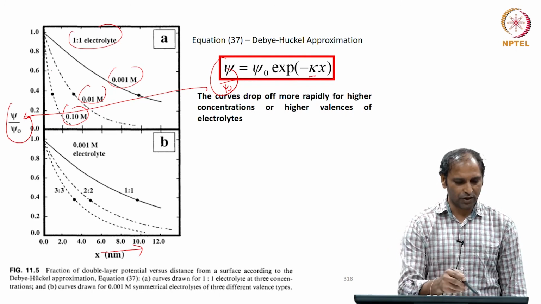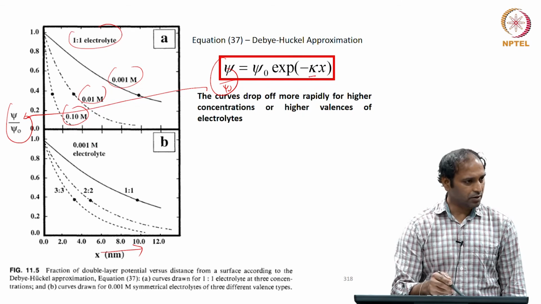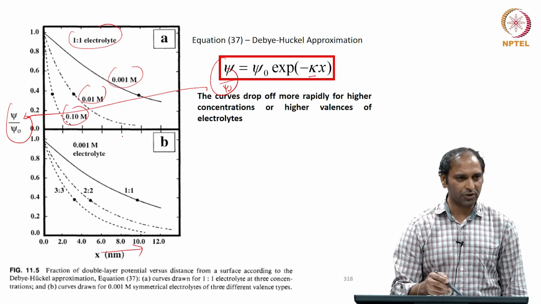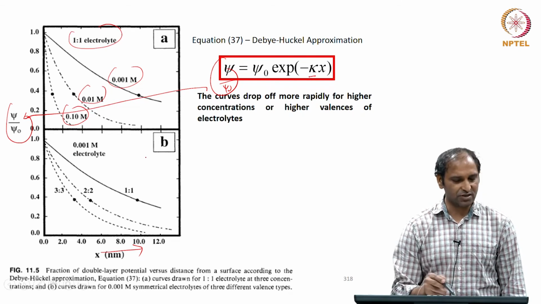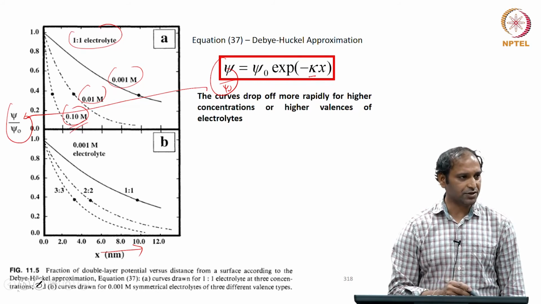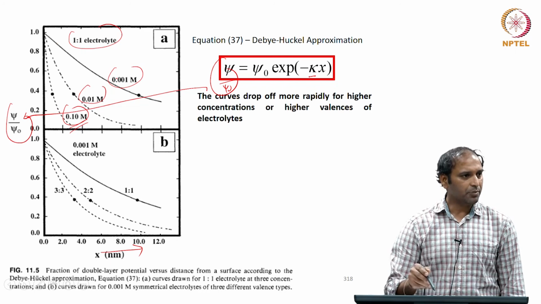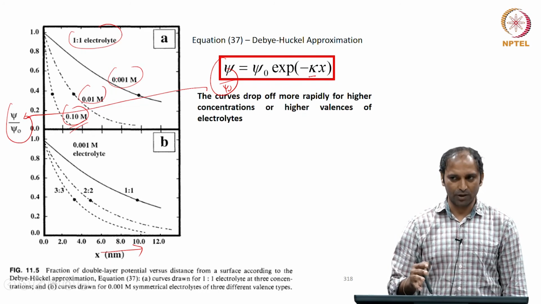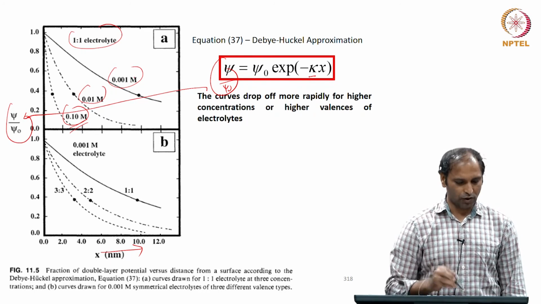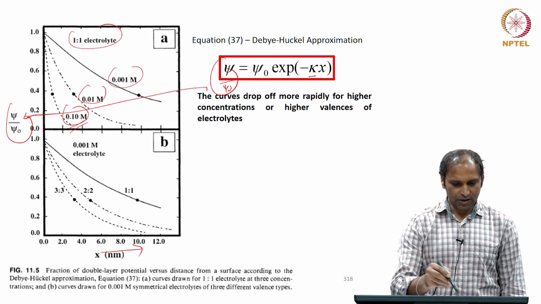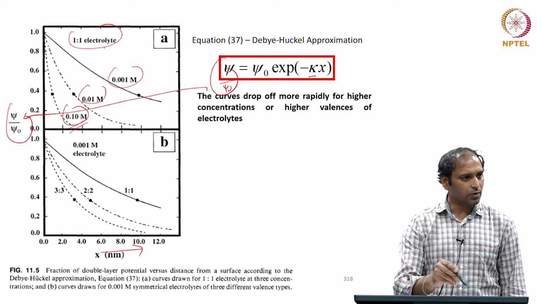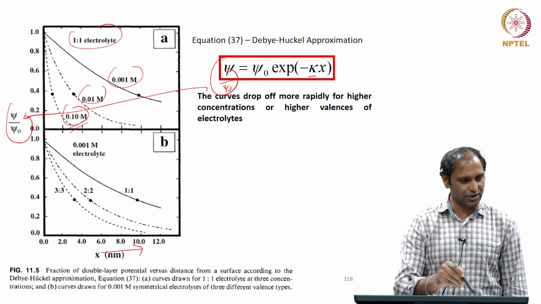That means you get a steeper drop in the potential with separation distance when you have a higher salt concentration, and the fall becomes more gradual if you have low salt concentration. So, in this case the type of electrolyte is fixed and the concentration is changed.